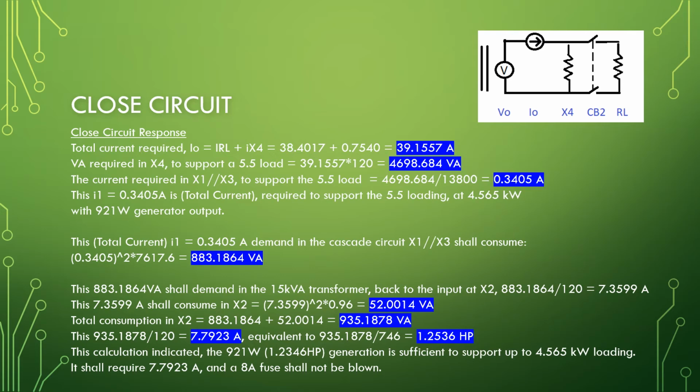This calculation indicated that the 921 watt, 1.2346 horsepower generator is sufficient to support 4.565 kilowatt loading. It shall require 7.7923 ampere and an 8 ampere fuse shall not be blown.